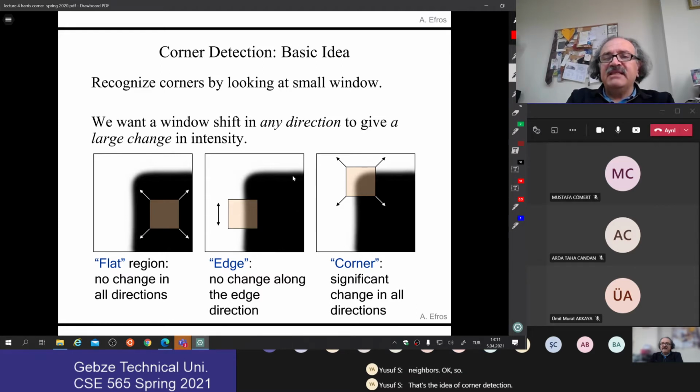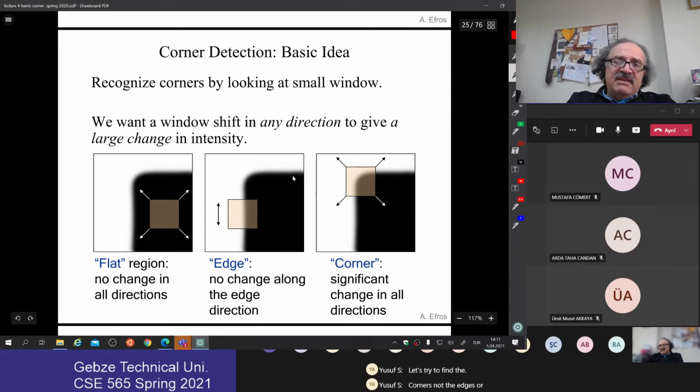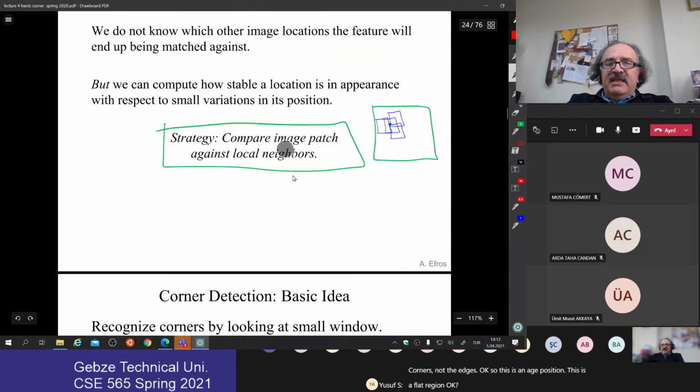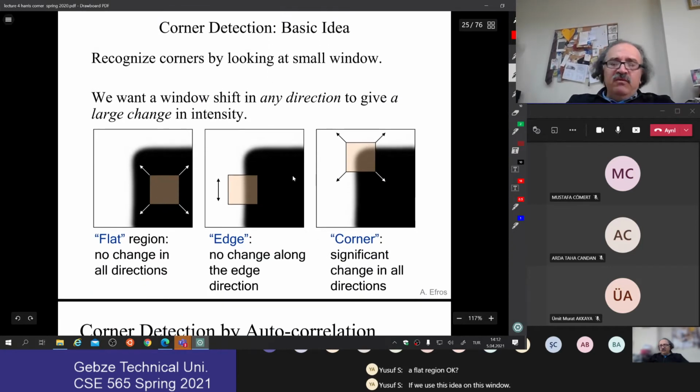From the 1980s, after the edge detection work, people said, why don't we use similar ideas by looking at the local areas? Let's try to find the corners, not the edges. So this is an edge position, this is a flat region. If we use this idea on this window, wherever you move your window a few pixels, you will see the same thing.